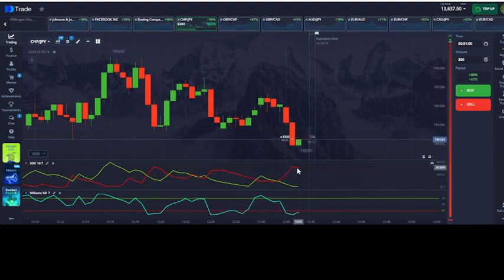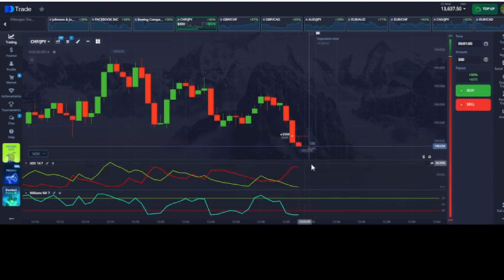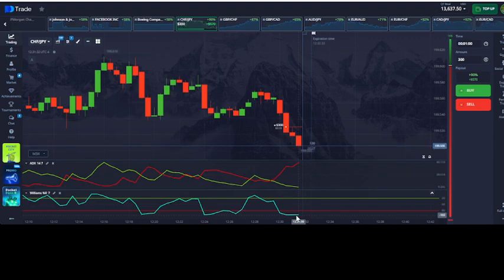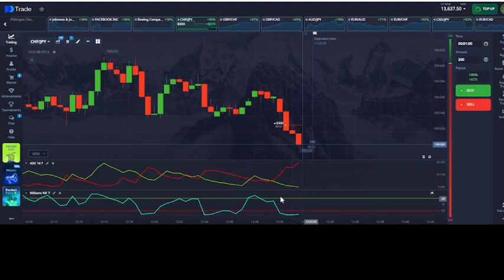That's the first thing you look for, a divergence of the signal lines. Secondly, the Williams Percent R line crosses below the minus 80 line here. So this tells me the strength of the trend is still strong here, the bearish trend. So let's monitor this trade and wait for the expiration.